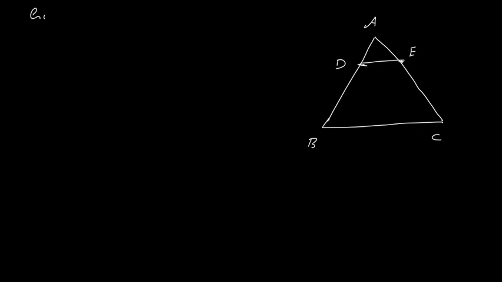So as per the given information, we have this triangle ABC. I will write given: in triangle ABC, AD is 1 by 4 of AB, and AE is 1 by 4 AC.